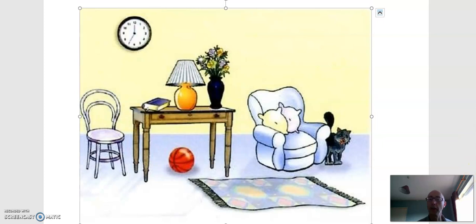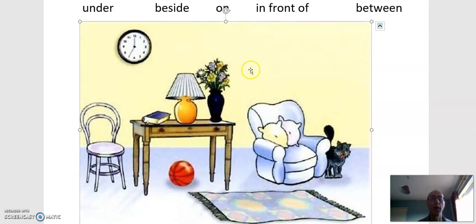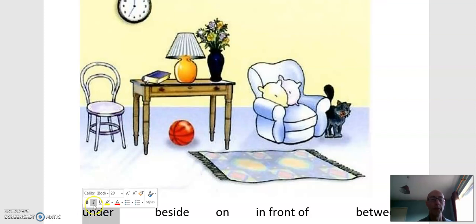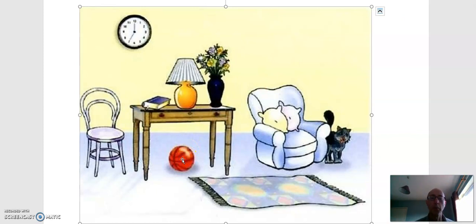So the picture, let's see, can we make a sentence with under? Oh, we can see here the ball. First thing is the ball. So what can we say about the ball? The ball is under the table.